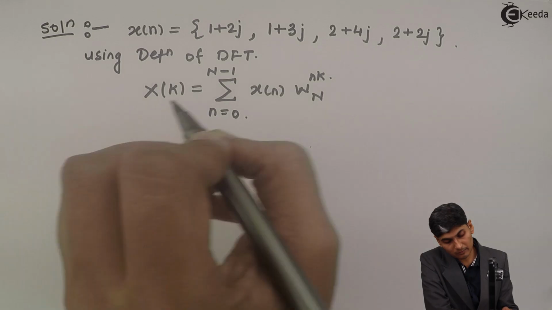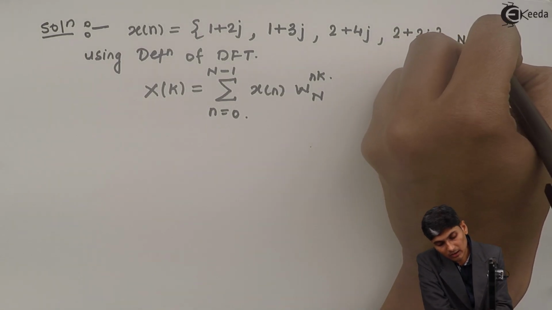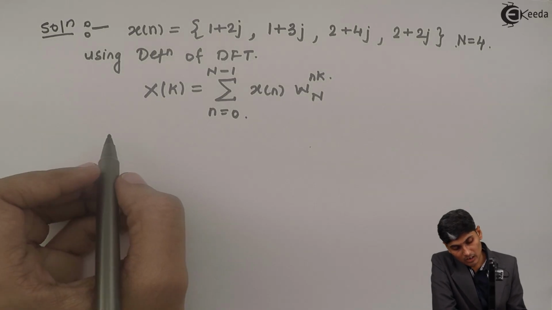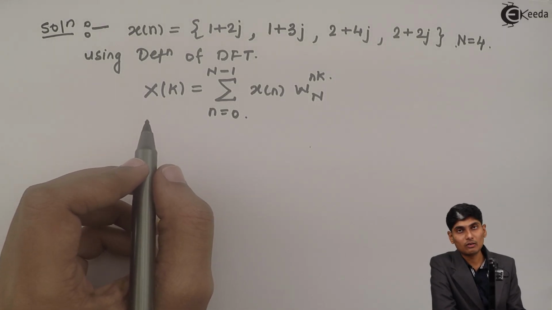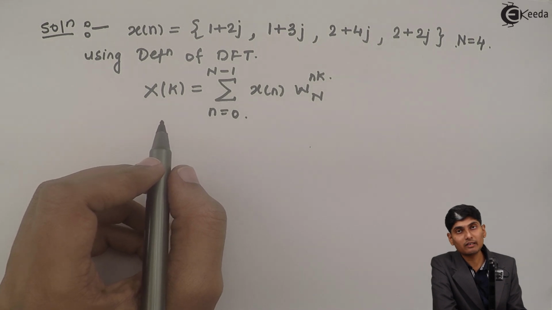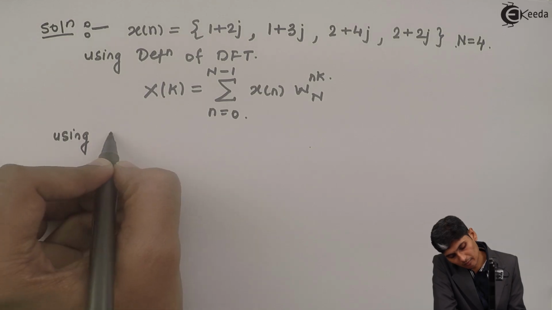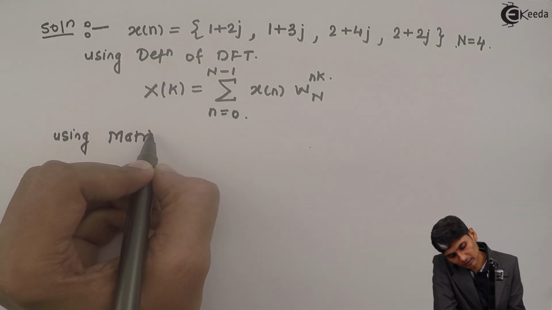Now in this problem, N is nothing but 4 because we have 4 samples. But instead of using the formula based method, we will use the matrix method.